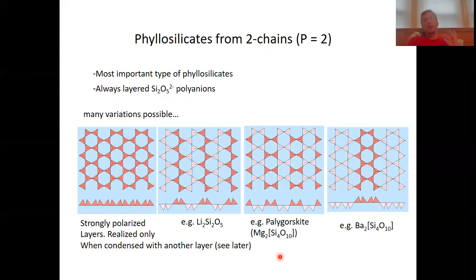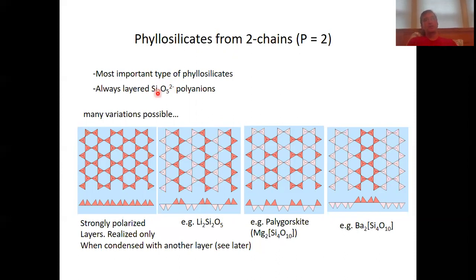However, we have many phyllosilicates made from two chains, where the periodicity is not one but two. In these kinds of silicates, we always have Si2O5 2 minus polyanions. That means you can often identify such a phyllosilicate just by looking at its empirical formula.